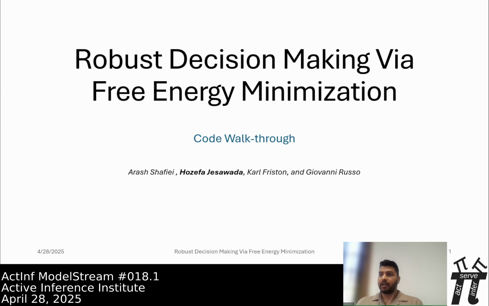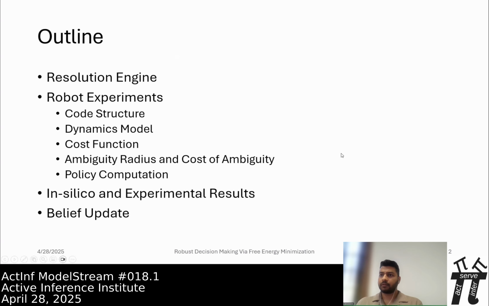First we'll start with the resolution engine. Then we'll discuss the robot experiments in more detail. What is the cost structure for this implementation? How we train the dynamics model? How we define the cost function?